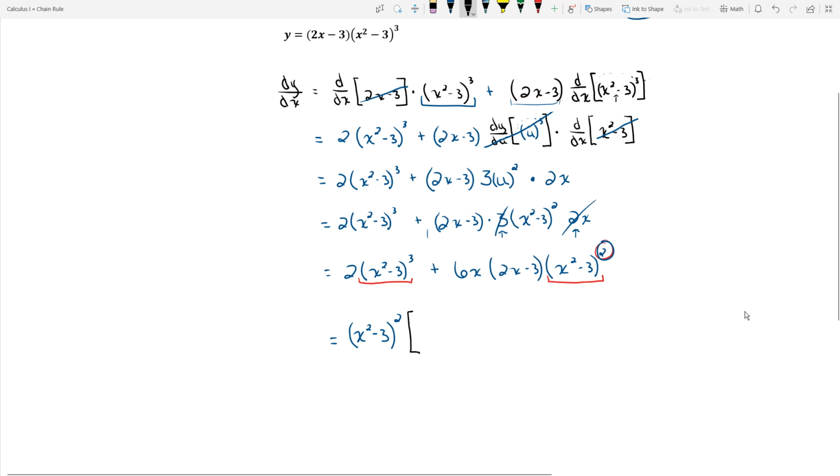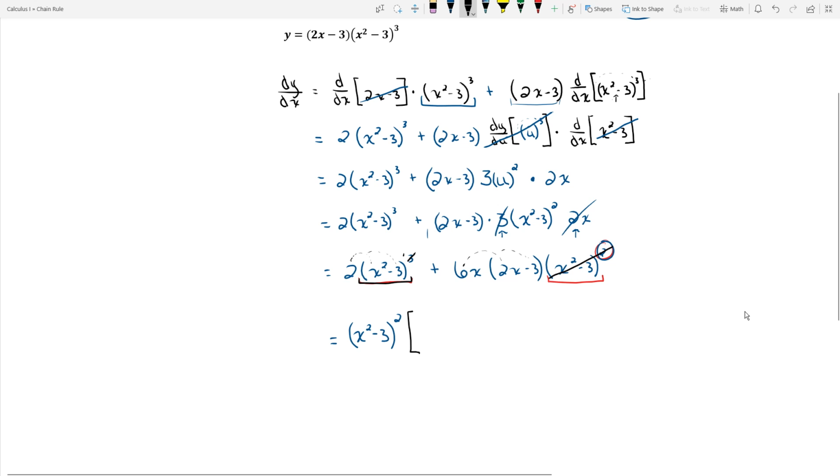and I'm going to go ahead at this point, because this is taken care of. We have reduced on this side the x squared minus 3. We've reduced this to just the first power, so it's just 1, which means that I can go ahead and bring my 2 through, and I can also bring my 6x through. So let's do that.